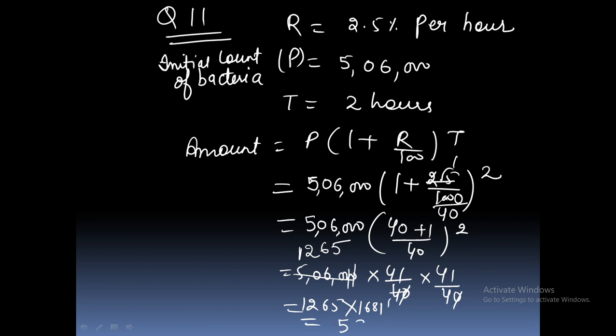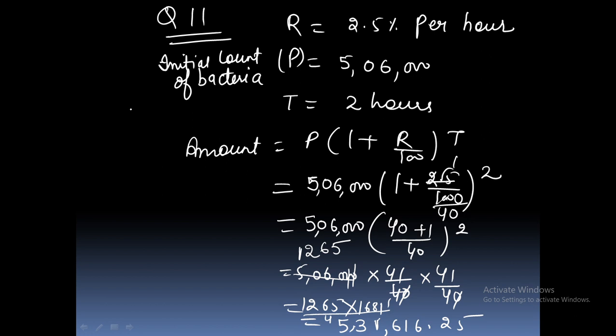After multiplying all these values and dividing by 4, we will get 55,31,616.25. That's your answer by dividing by 4.